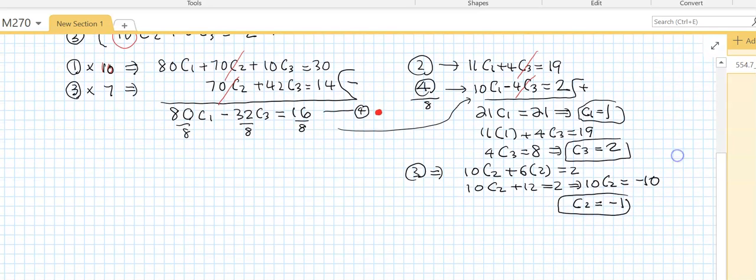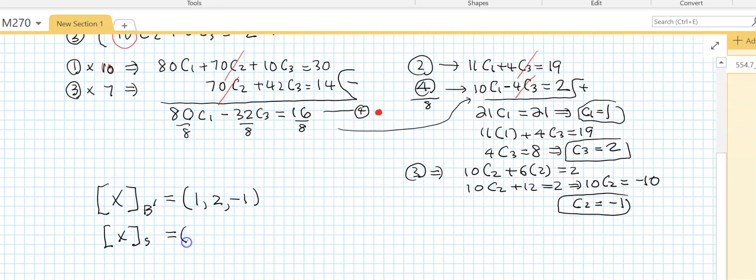Okay. So now the coordinate matrix relative to B prime is C1, C2, C3, which is 1, 2, negative 1, whereas the standard coordinate in the book is 3, 19, and 2.